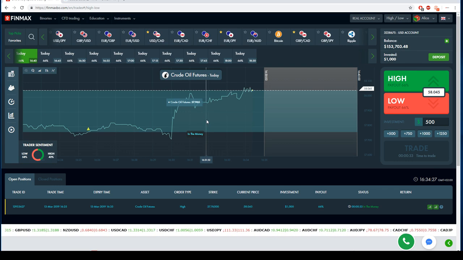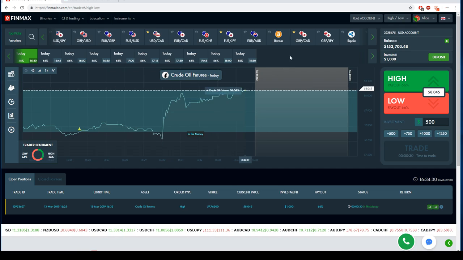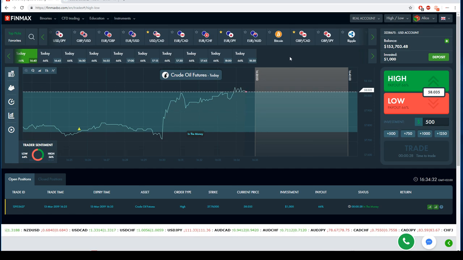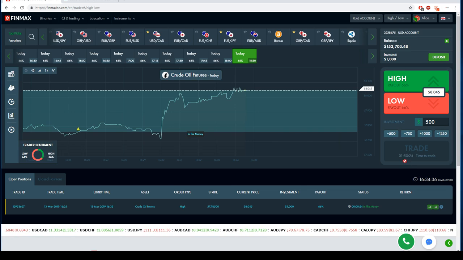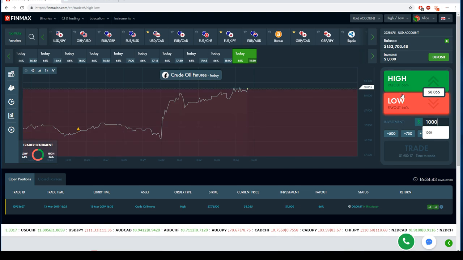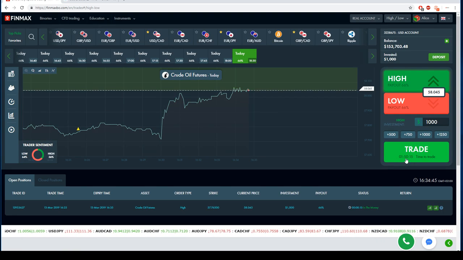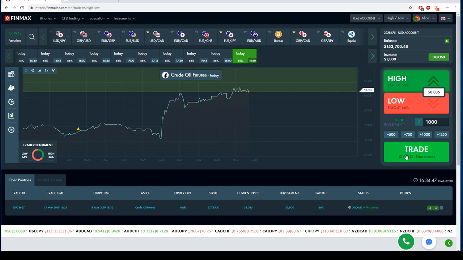But now we see signs of the continuation of the upward movement. So I'm probably going to open the trade for the crude oil for high with the expiry 30 minutes past 6.